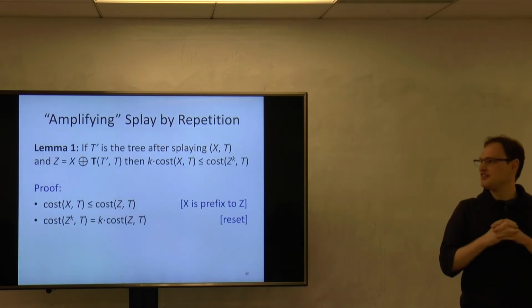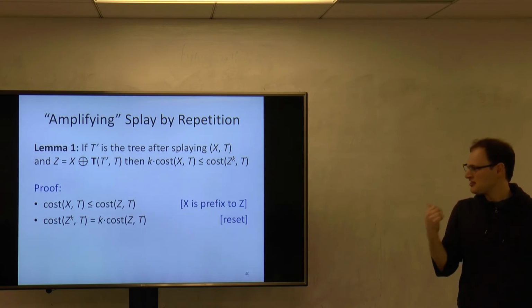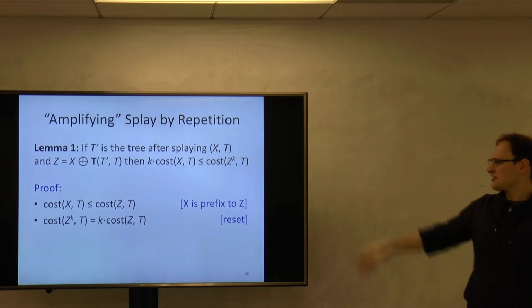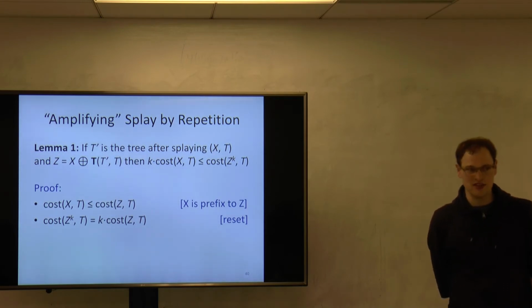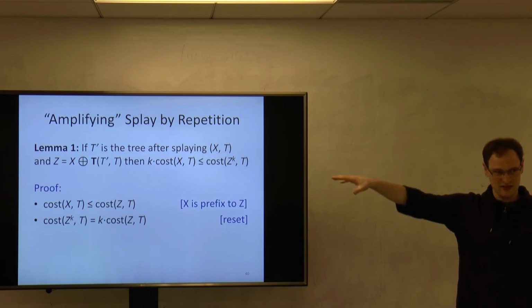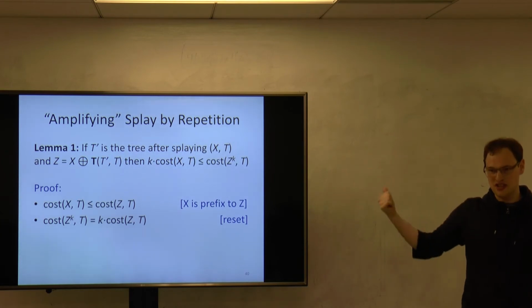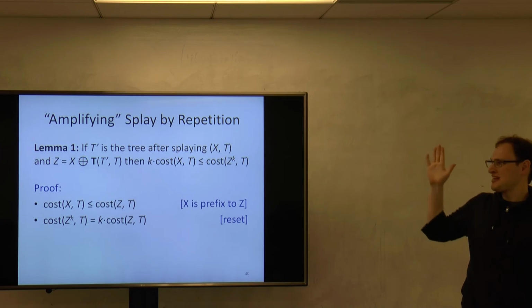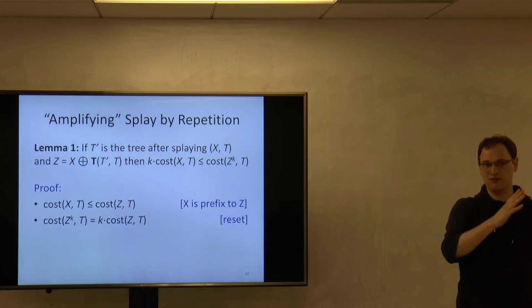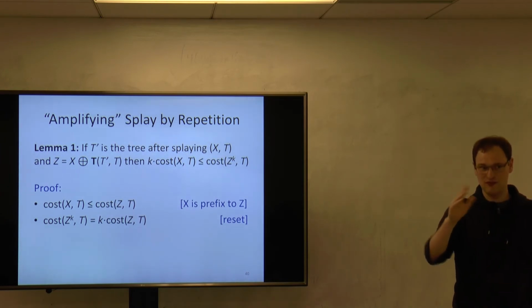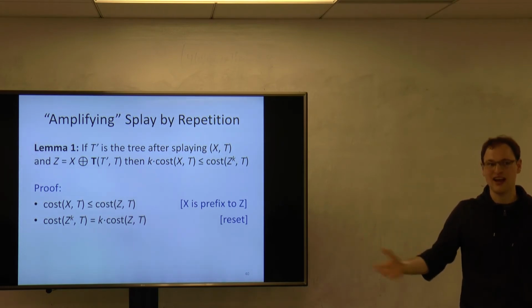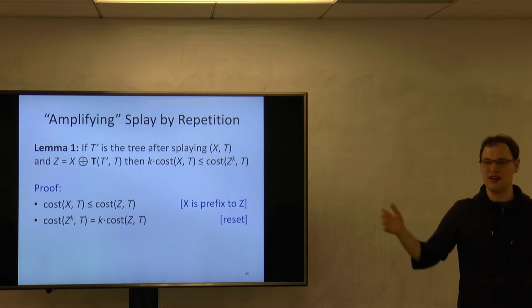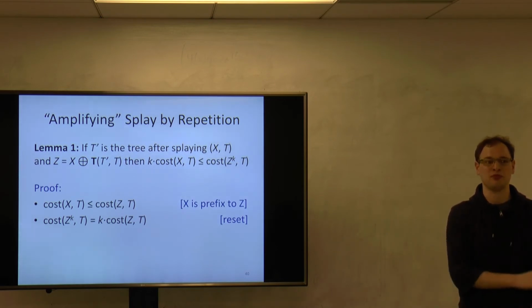You can't just repeat the request sequence directly. So you take an augmented sequence: I take x and append to it the transformation sequence that returns the final state of the splayed tree to its initial state. Because if I splay x starting from t and then repeat x, I'm starting from a different tree t prime, and I don't know how to relate those behaviors, otherwise I wouldn't need to prove this in the first place.